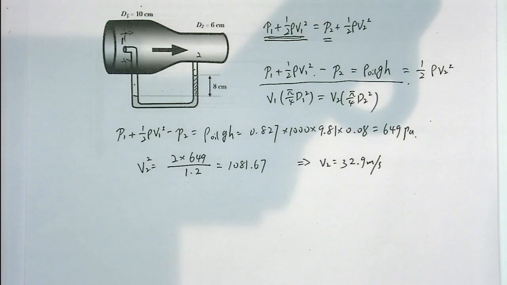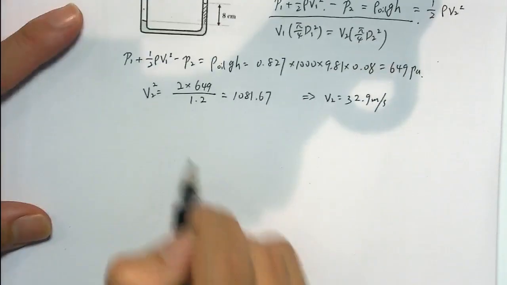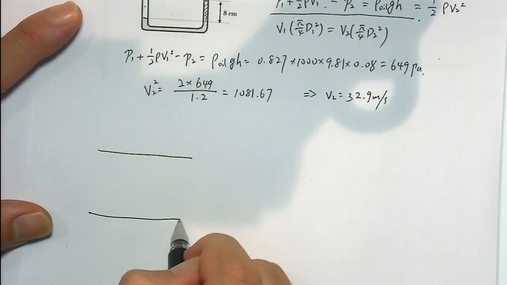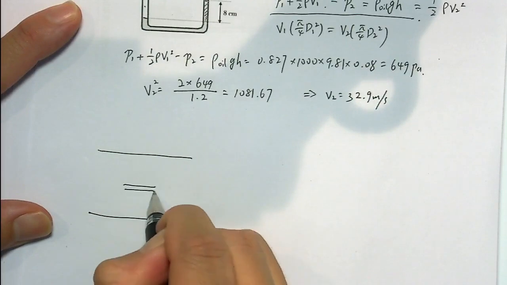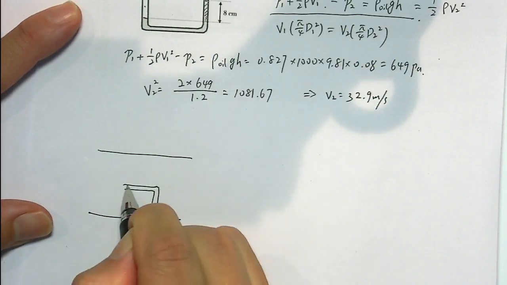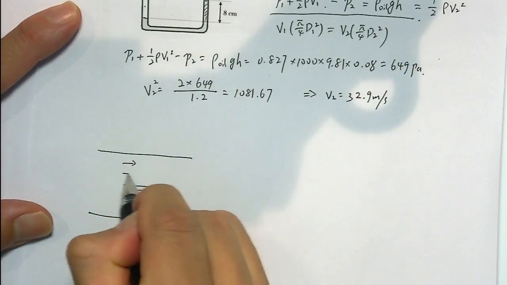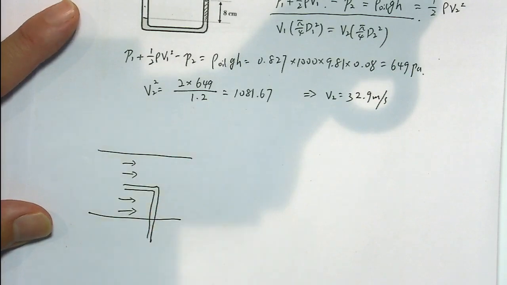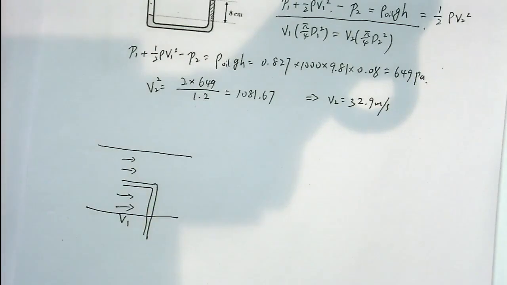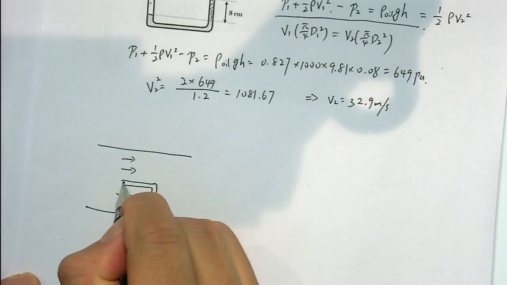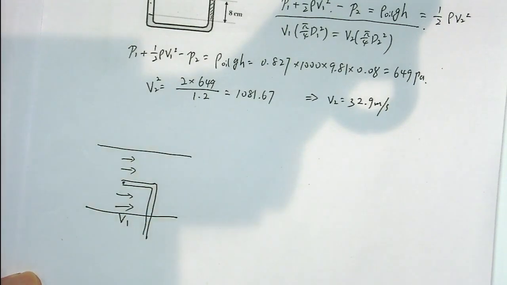Because the Bernoulli equations, the pressure in the Bernoulli equations are all static pressure. So for example, there's a pipe and we got the pressure tap here, the velocity here, and here are V1. That is not stagnation. But only the velocity here is 0.